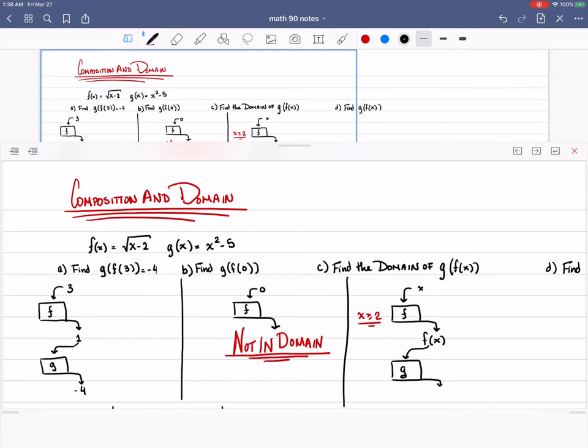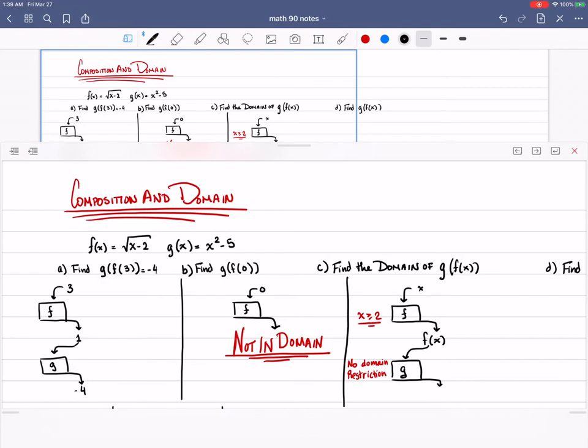It has no domain restrictions, which means g does not impose any additional restrictions on the inputs that come through it. It doesn't mean that the x greater than or equal to 2 disappears.